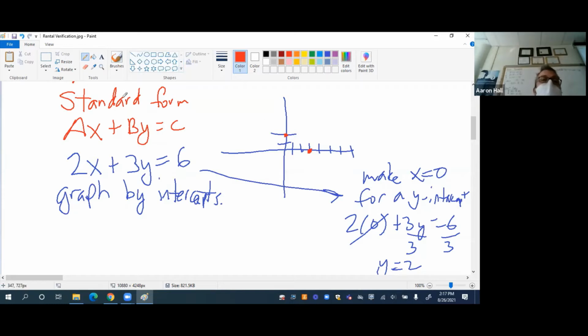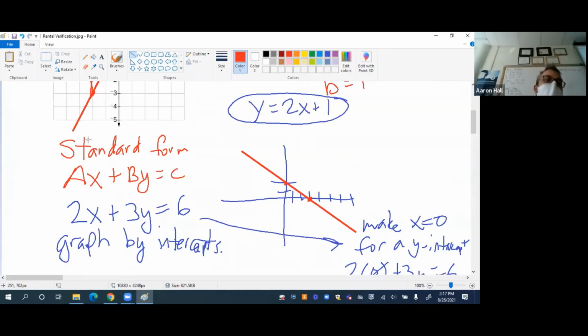Yeah, we know it's linear, so it has to be a line. That's the only choice to go through those 2 points. So anyway, just consider that there might be some benefits to standard form by graphing the intercepts.